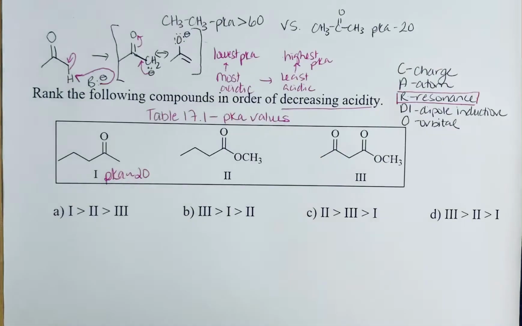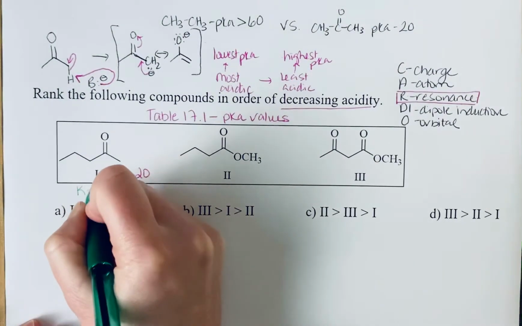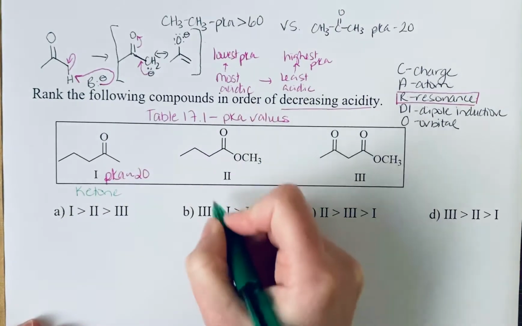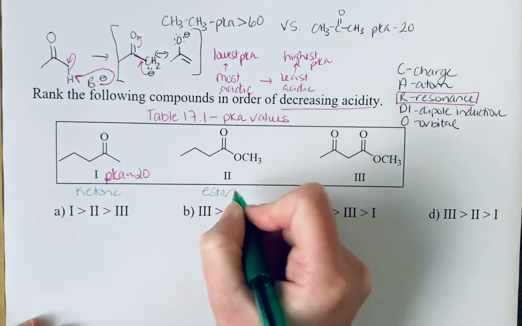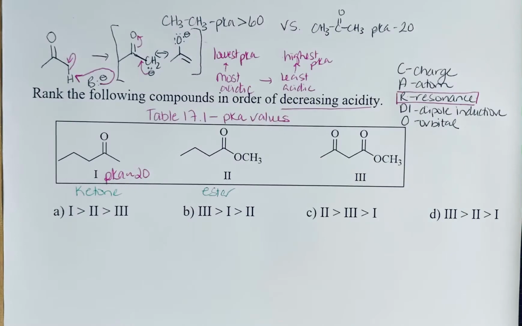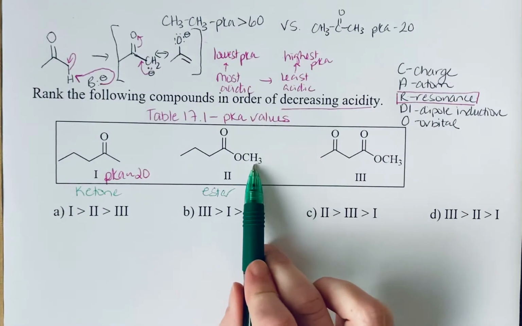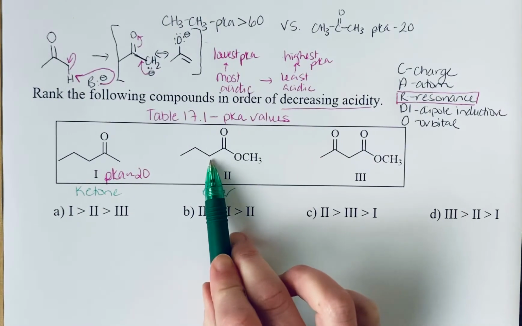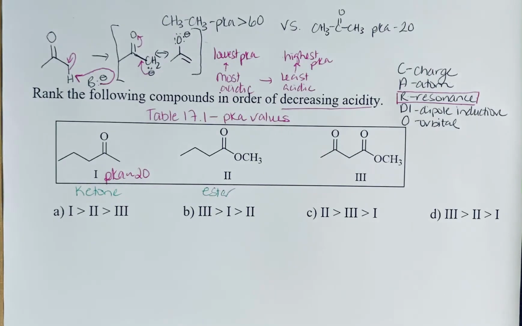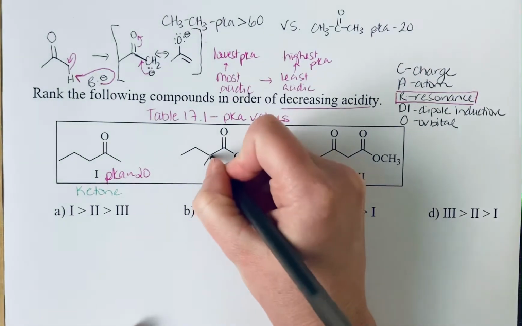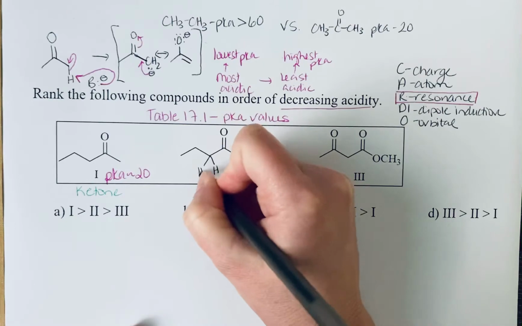Your first structure, if we want to label it, is a ketone, and our second structure is an ester. What's different is what's on the other side of the carbonyl. It's not these hydrogens that we're considering; it's the ones here where, if we remove one, it's going to be stabilized by resonance. It's these hydrogens in particular that we're looking at.